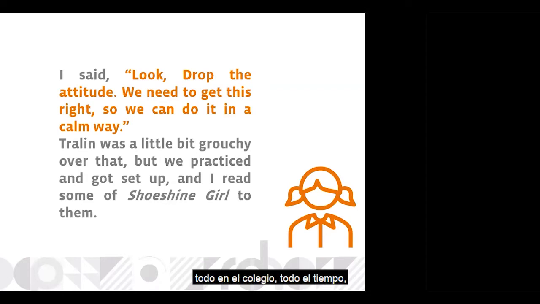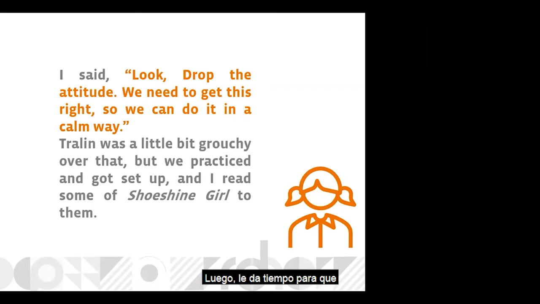Okay. In this precise situation, the student is complaining about what do we have to practice all the time things in the school, in the context of lining up for lunch. So the teacher shows her the real reason why we should practice this, because we have to get this right, and we can do it in a calm way. So the teacher shows her the real meaning of the situation, but she doesn't engage in a fight with the student.